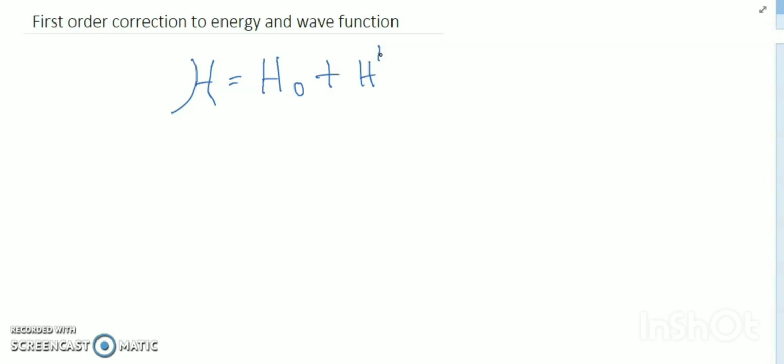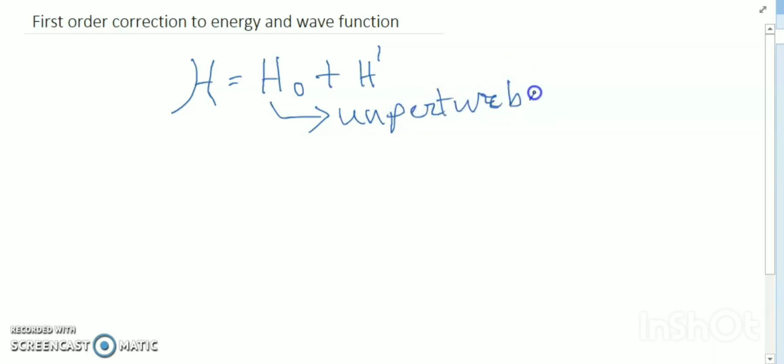So for example, we are going to have our Hamiltonian comprised of H0, what we call the unperturbed Hamiltonian.